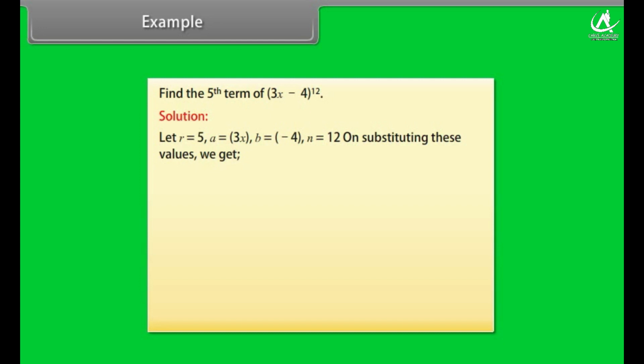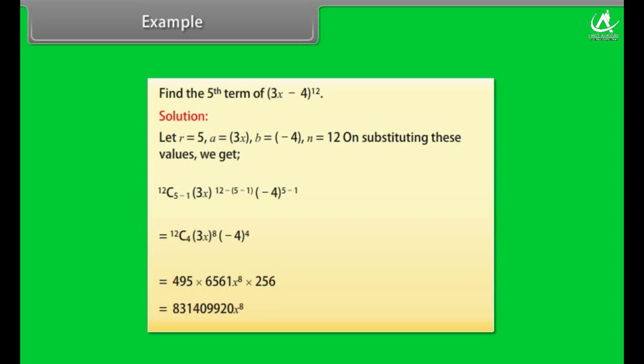On substituting these values, we get 12C(5−1) into (3x) raised to the power 12 minus (5−1) into (−4) raised to the power 5 minus 1, which is 3140920 into x raised to power 8.